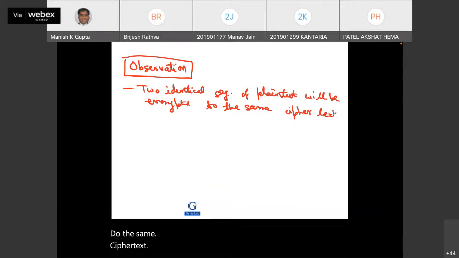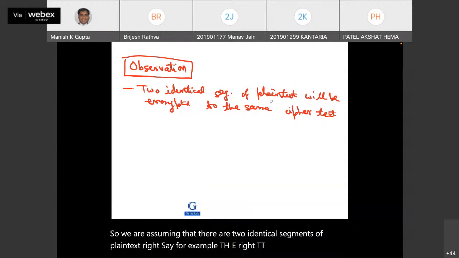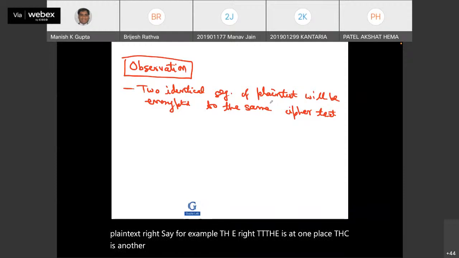So we are assuming that there are two identical segments of plain text, for example THE at one place, and THE at another place in the plain text.